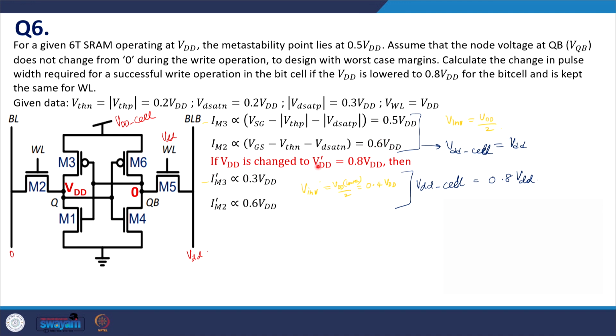If now VDD cell is reduced to 0.8 VDD, and VDD of the word line and bit line is the same as the older VDD, in that case the inversion threshold would change a little, from old VDD by 2 to VDD cell by 2.